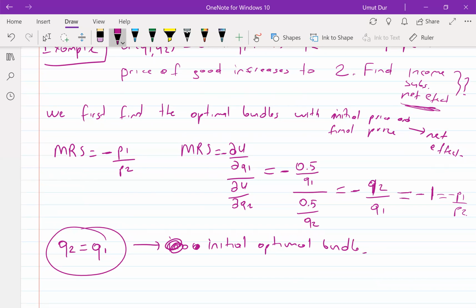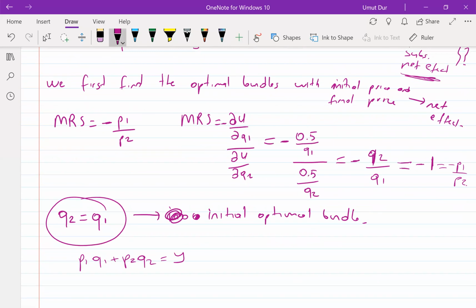Then I have my budget equation here, P1 Q1 plus P2 Q2 is equal to income. I will plug this value in here. P1 is 1, times Q1, plus P2 is also 1, times Q1. My income level is 10.